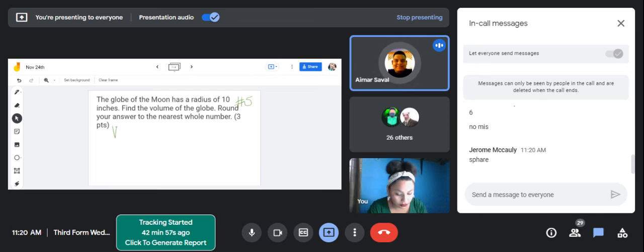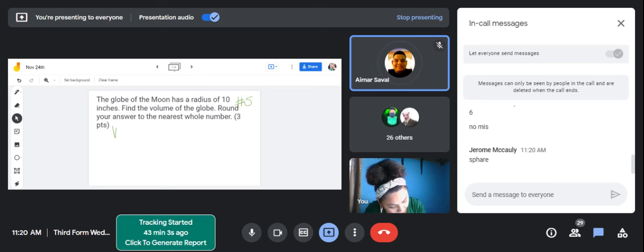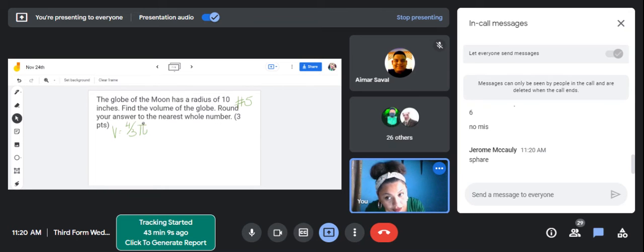4 thirds, okay, times pi times the radius cubed. Cubic, good. Okay, so now let's substitute.